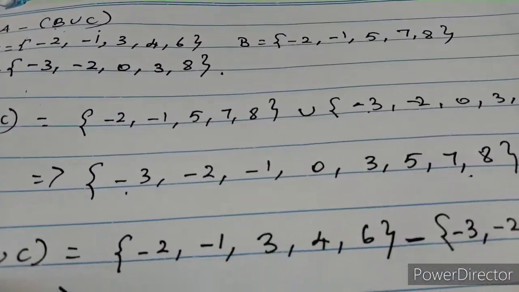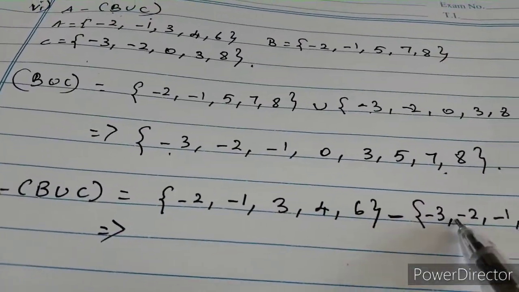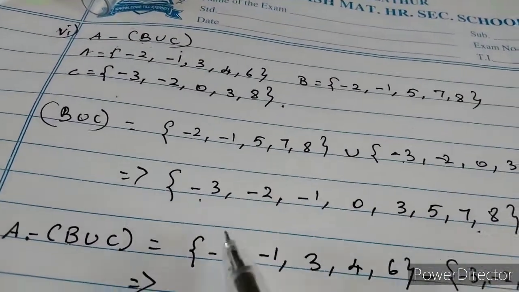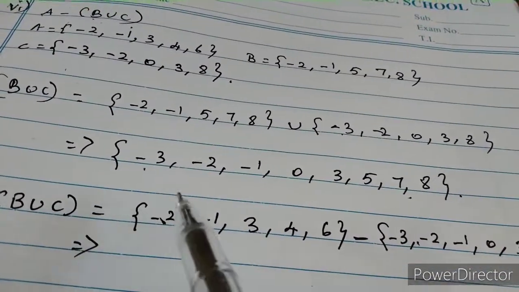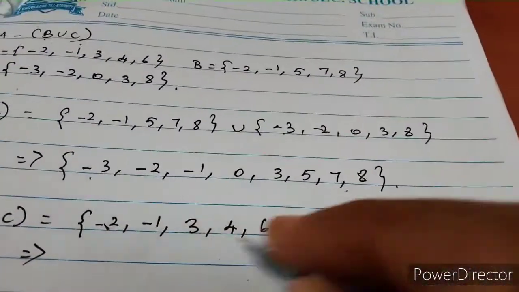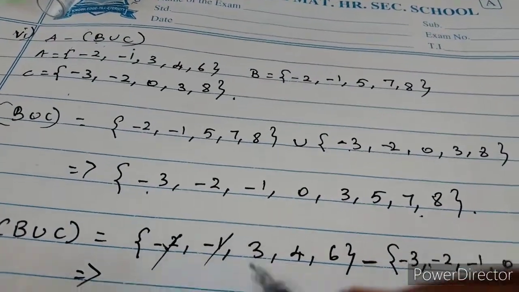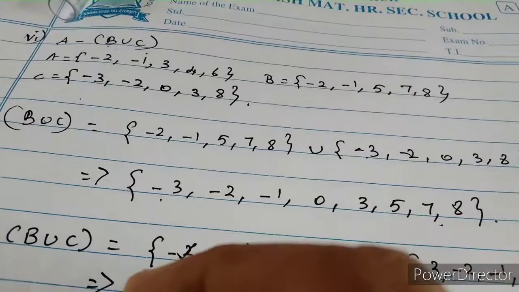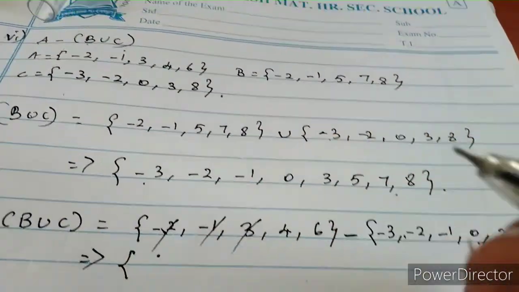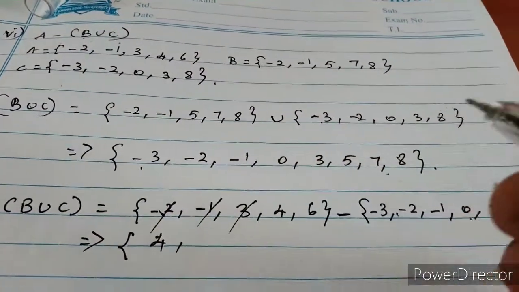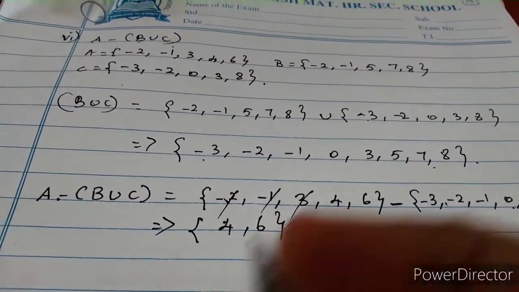Now minus means, you know very well, if any element of B union C is present in A, strike out those elements and write the remaining elements. So here -2, -1, then 3, that's all. So your answer is 4 and 6.